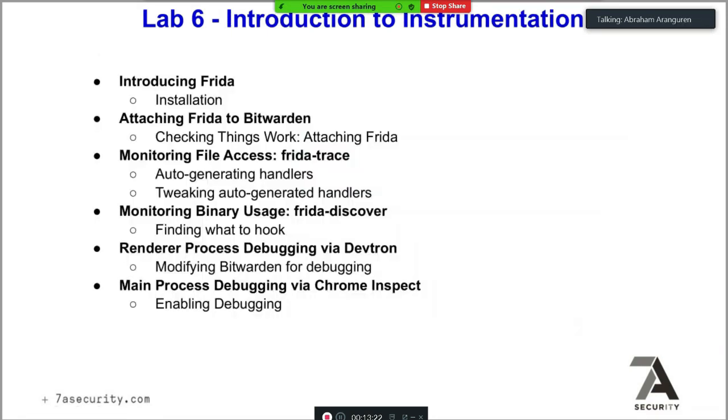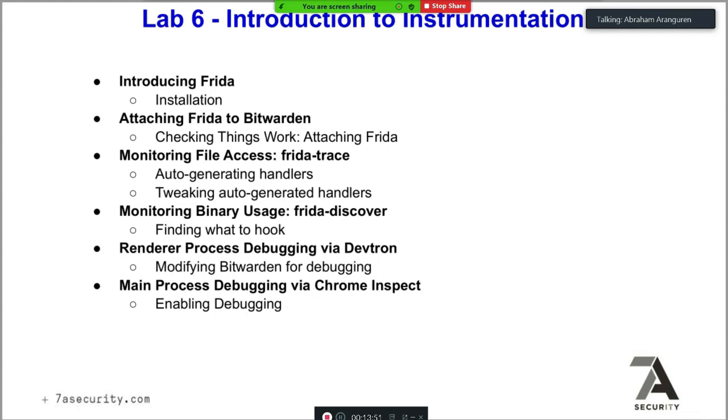And then in the instrumentation lab, we talk about using Frida. All these techniques are useful. Frida is super useful. You can use it on Android, iOS, Windows, Linux, Mac OS 10, so you can pretty much use it on everything. It's really cool because it allows you to see what the application is doing at runtime. This is what we call instrumentation, so we have an entire lab dedicated to this.